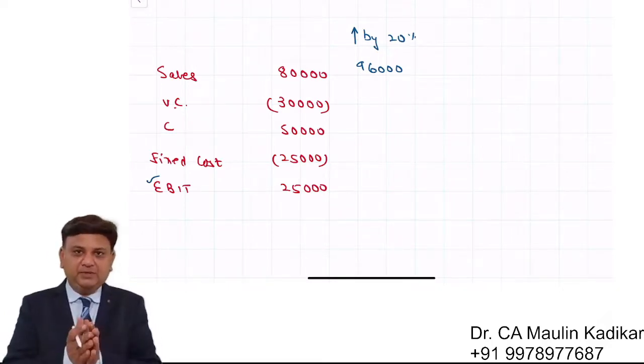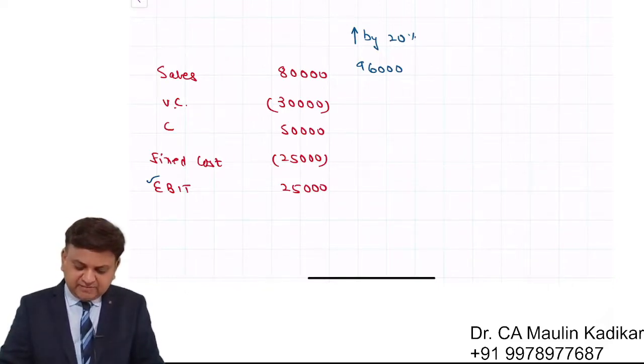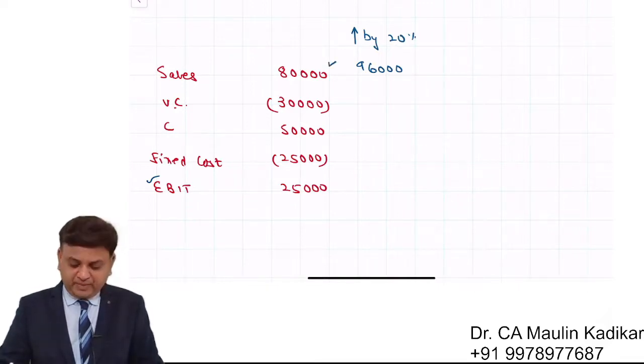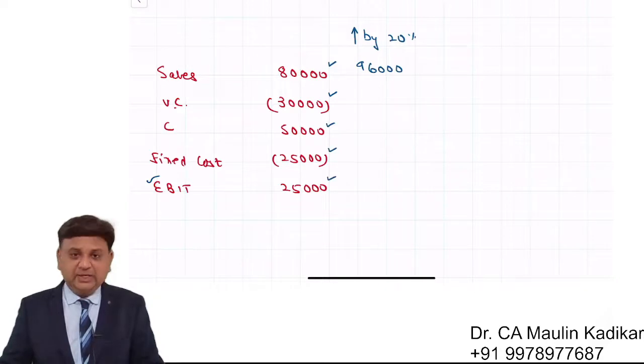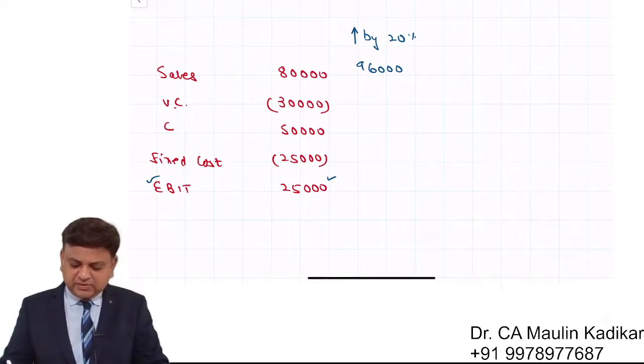I repeat my question. The year has been completed and sales of the company in the recent year were 80,000, variable cost 30,000, contribution 50,000, fixed cost 25,000, and operating income is also 25,000. It is expected that the sales of the company is likely to increase by 20%.